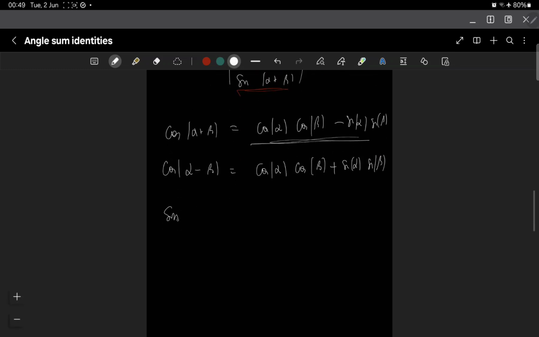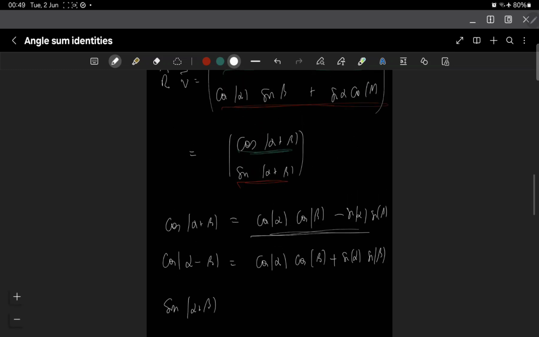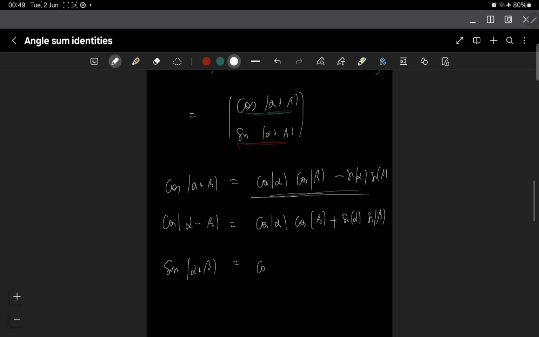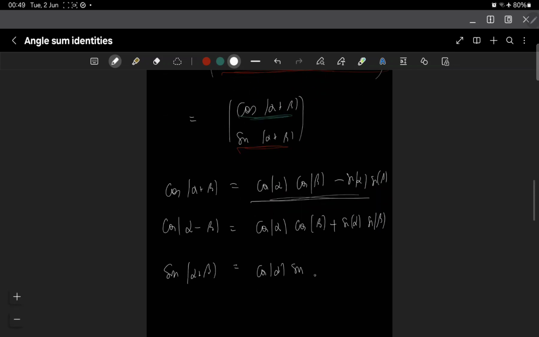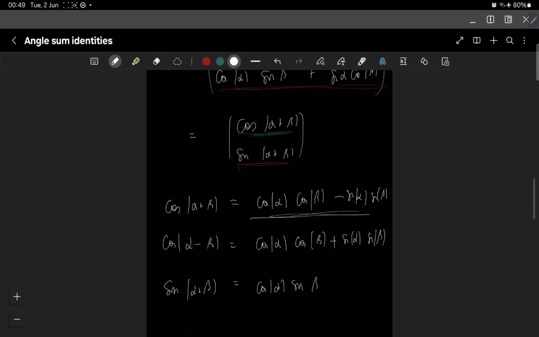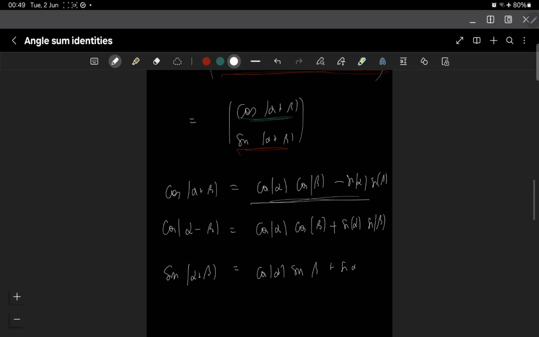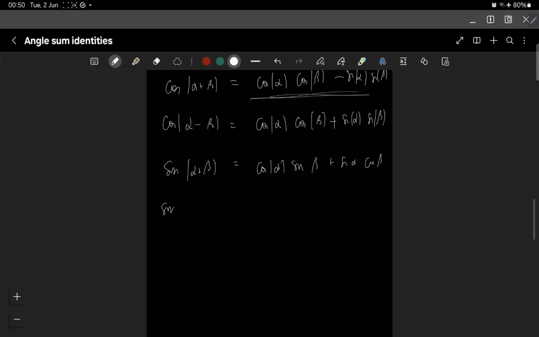We can do the same thing with the sine identity. The sine identity for alpha plus beta, we read it off from here, is cosine alpha times sine of beta plus sine of alpha times cosine beta. And similarly to before, to find the angle difference, we just substitute beta with minus beta.